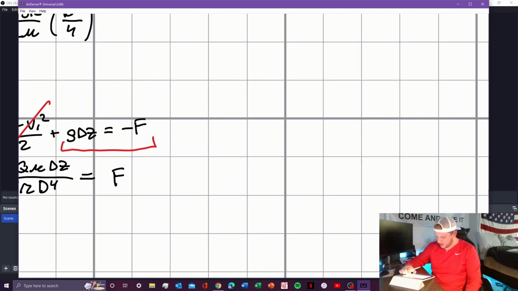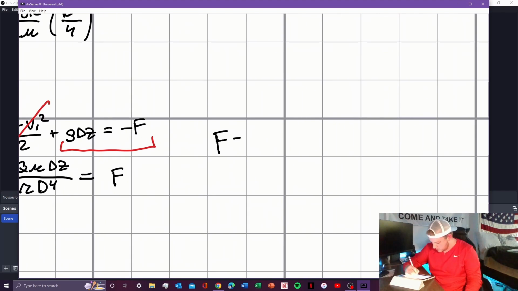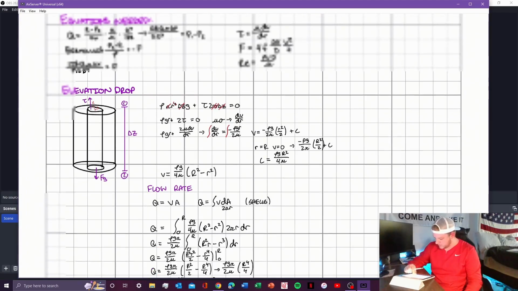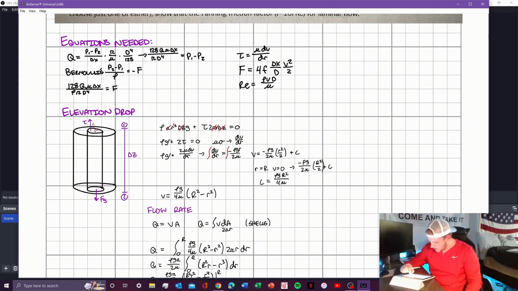If we remember from lecture, the frictional heating coefficient can be related to the Fanning factor. That is 4 times the Fanning factor times delta x over 2, and then d squared over d. I wrote it up here. Let's check and see if that's right. Look at that.